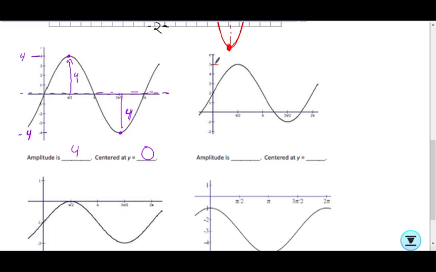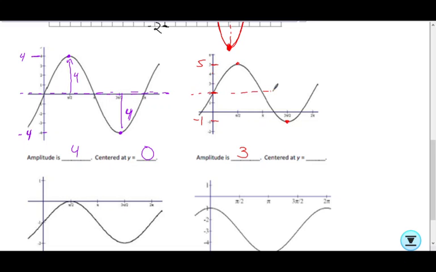All right. So let's look at the next one. Okay? Here's my maximum. It's at 5. Here's my minimum. It's at negative 1. Okay? So this total distance here is 6. Right? So which means my amplitude is 3. Now to find the center line, you can either count 3 away from the 5. So 1, 2, 3.